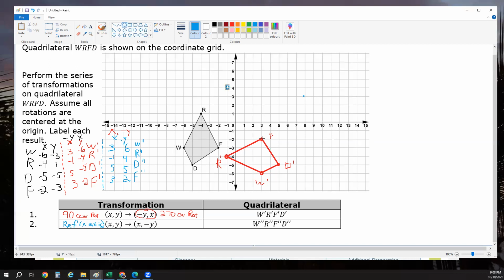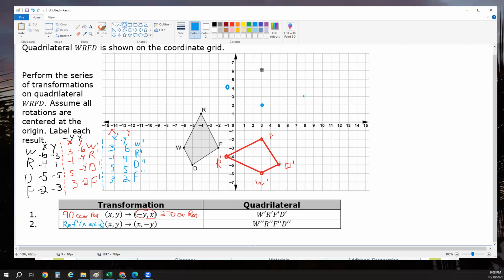F is going to go right about here, 2 and 3. It just goes the same distance to the line. W is going to stay on this line, but go all the way up to 6. Yep, stays on 3, but goes all the way up to 6.